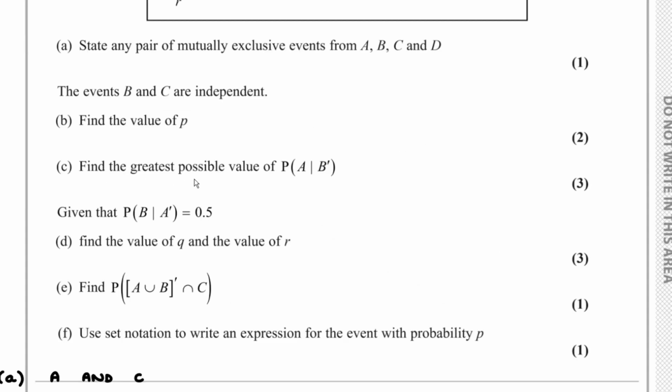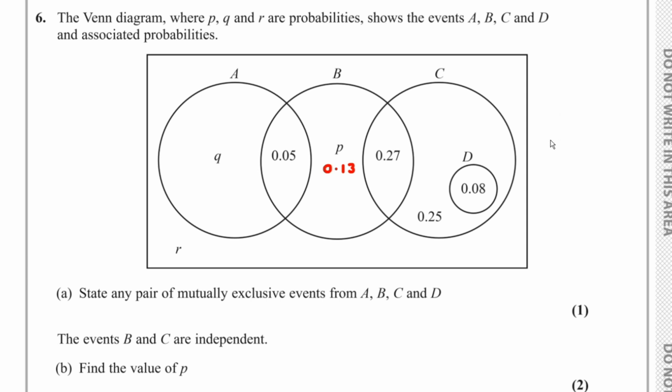Part C, find the greatest possible value of the probability of A given not B. Before we do anything else, we can use the fact that the sum of the probabilities is equal to 1, meaning we would have to add together Q, R, this 0.05, the P, which is 0.13, the 0.27, the 0.25, and the 0.08.